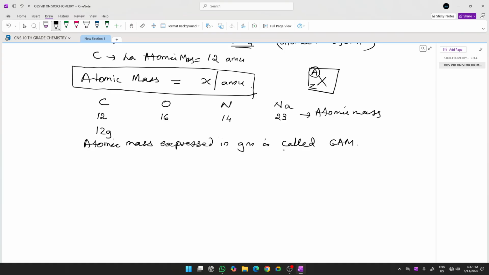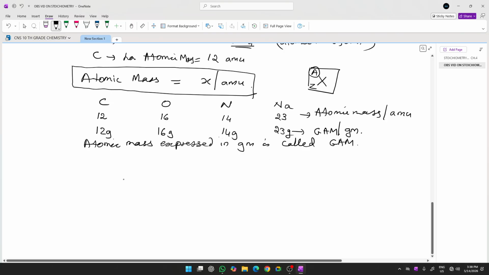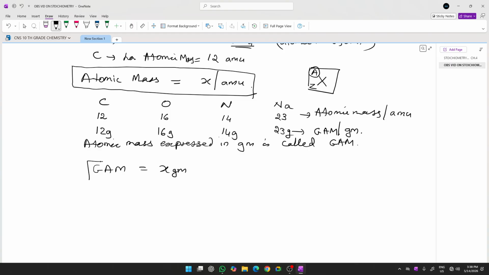For oxygen, gram atomic mass will be the same 16 but expressed in grams, so 16 gram. For nitrogen, 14 gram. For sodium, 23 grams. Is that clear? So this is gram atomic mass, right? Atomic mass will always be written with the unit AMU. For gram atomic mass, the unit will be gram. So gram atomic mass is equal to X gram. Got it? Fine.